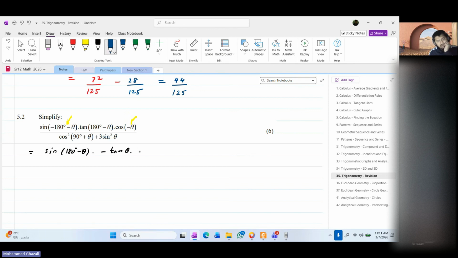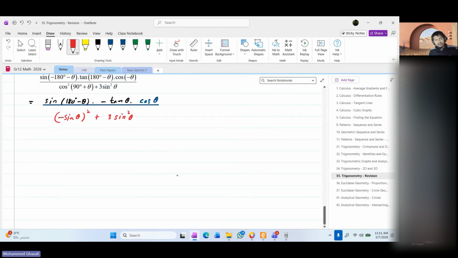So that's in the fourth quadrant, which is just cos theta divided by cos squared 90 plus theta. Remember, cos of 90 plus theta is negative sine theta. Okay, now because you're squaring it, then it will become positive. So it's basically negative sine theta squared plus 3 sine squared theta, right?